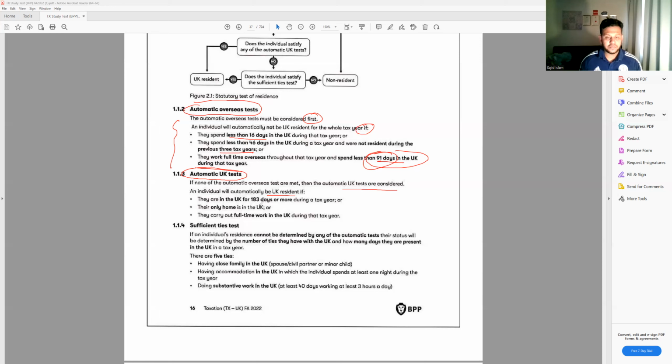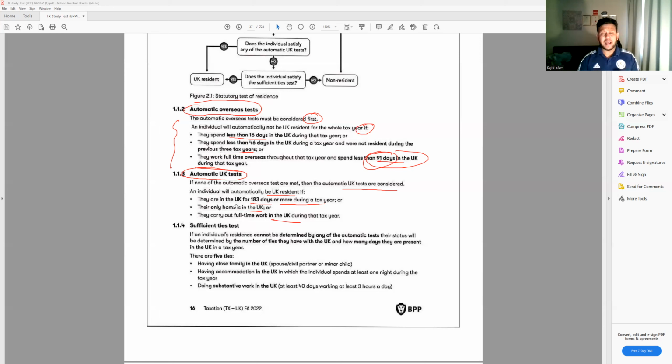They are in the UK for 183 days or more during the tax year. So if you live in the UK more than 183 days, you will be automatically treated as a resident of the UK. Or their only home is in the UK, or they carry out full-time work in the UK during the tax year.